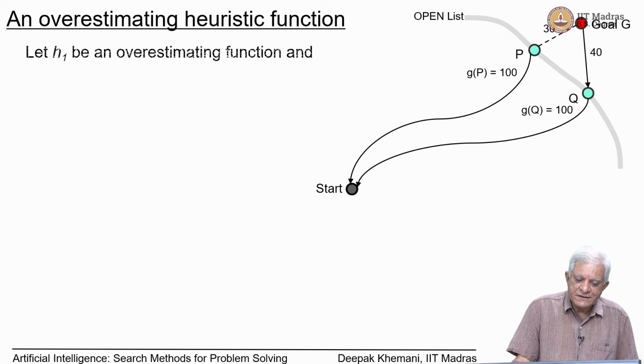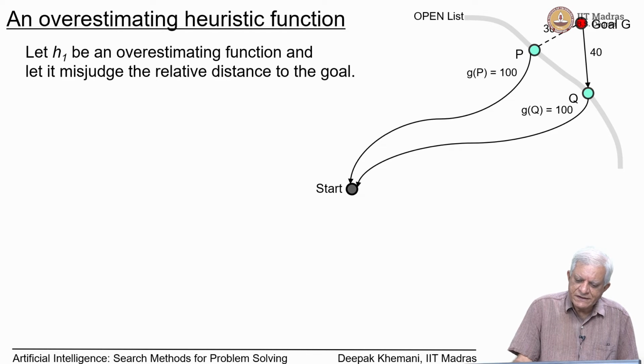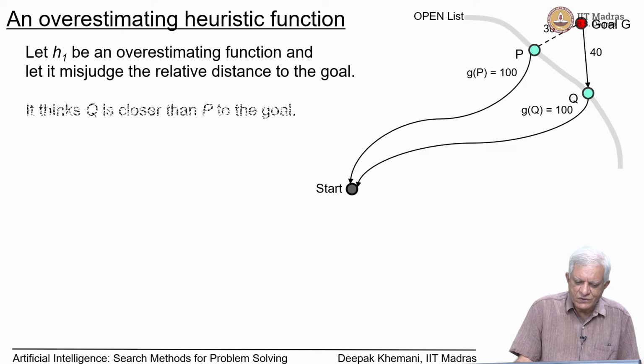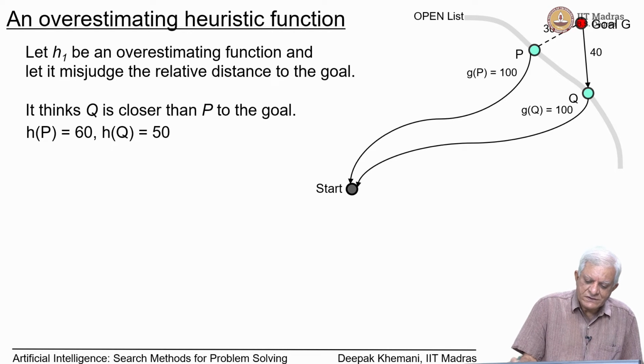How does that happen? So, let us say it is an overestimating function and let it misjudge the relative distance of the goal essentially, which means that it thinks that q is closer than p to the goal. What kind of a function would do that?